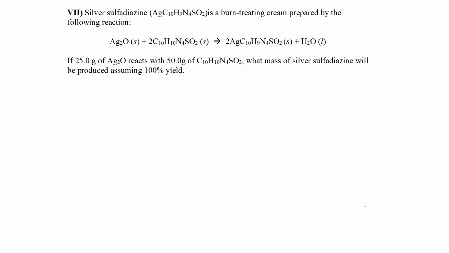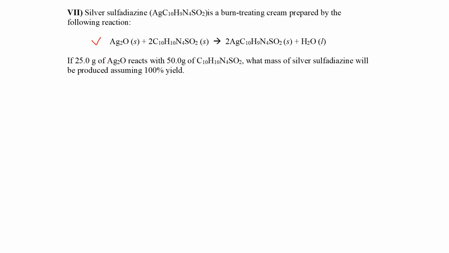Problem number 7. Sulfadiazine is a burn treating cream prepared by the following reaction. So we have Ag2O, which is silver oxide, that reacts with sulfadiazine. It reacts with this solid to give silver sulfadiazine and water.